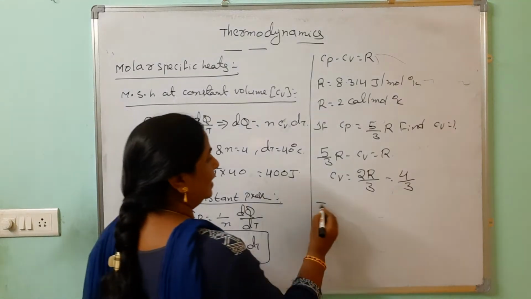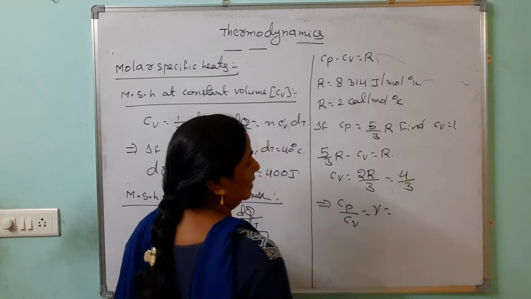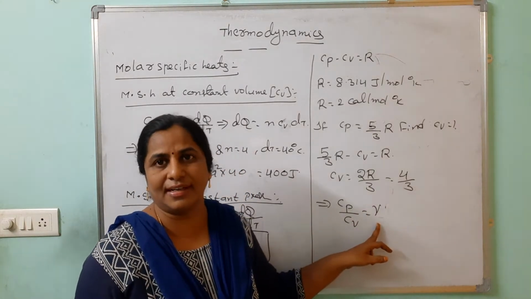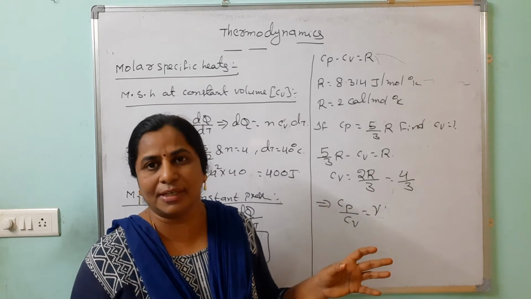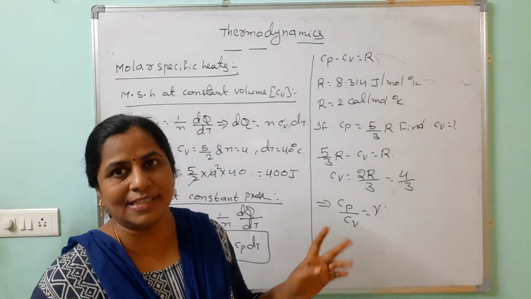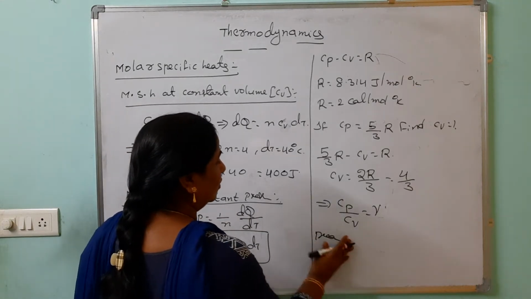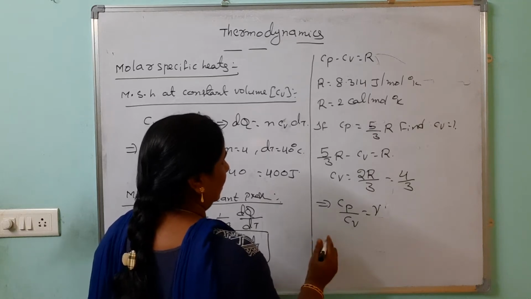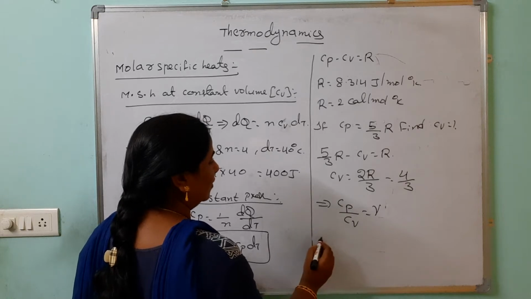Then the ratio of Cp by Cv is called gamma. This is the ratio of specific heats. This value is different for different gases. For monoatomic gas and diatomic gas, you should remember what Cp, Cv and gamma are. Monoatomic gases are argon, neon and the like.